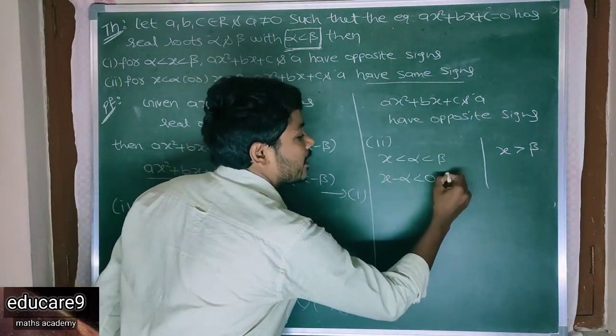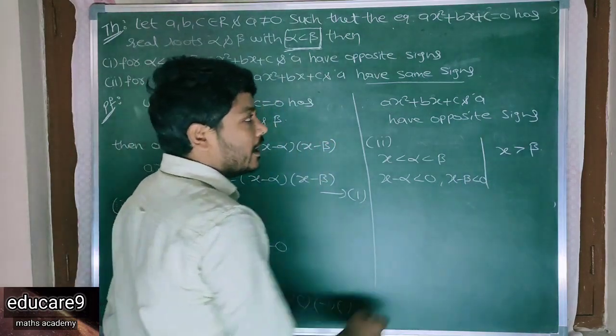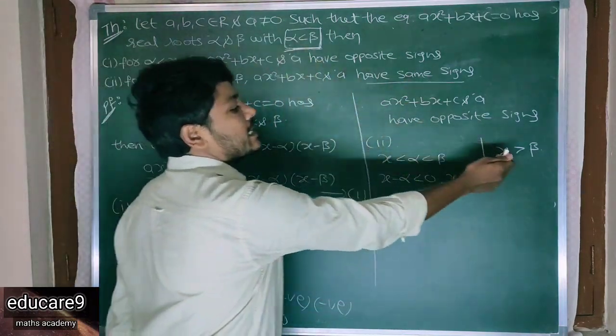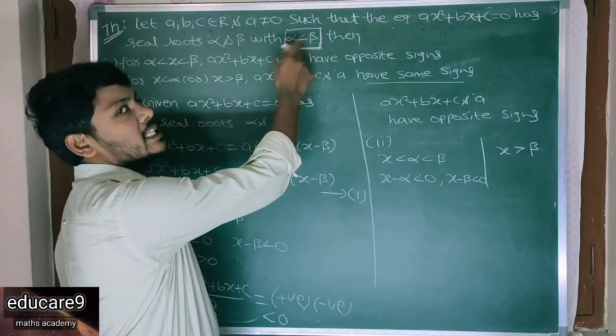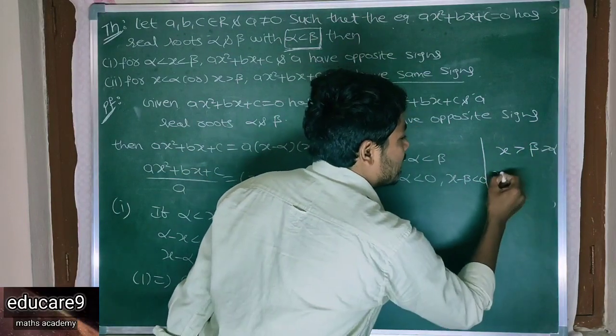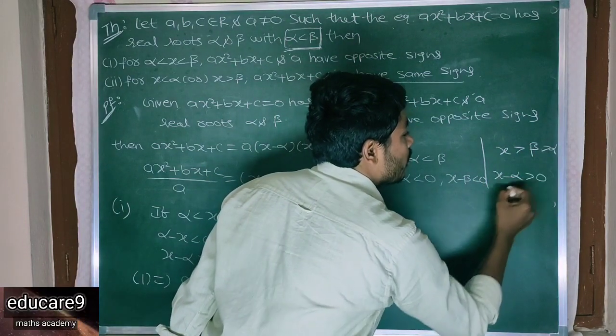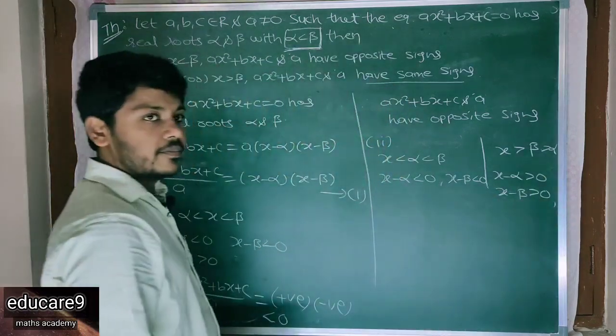So from this you can write x minus beta is also less than 0. And in the second case, x greater than beta, from this you can write beta is greater than alpha. So clearly x minus alpha is positive, x minus beta is also positive.